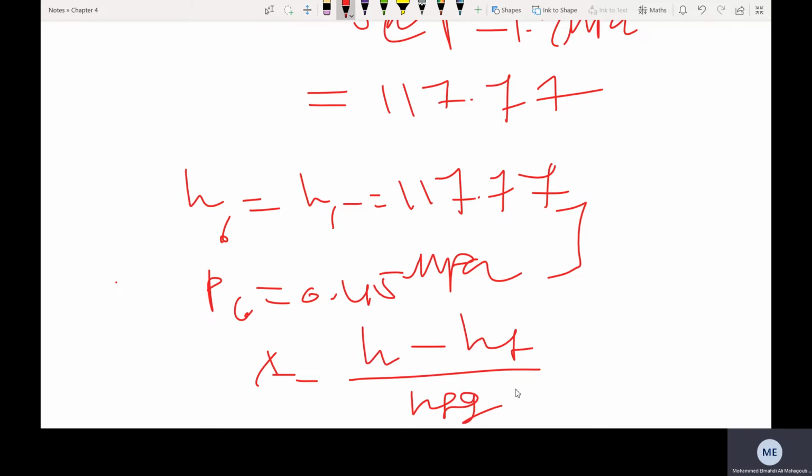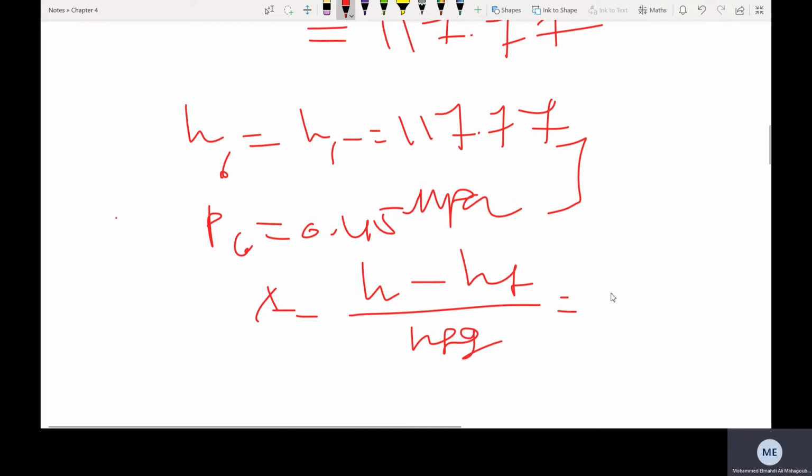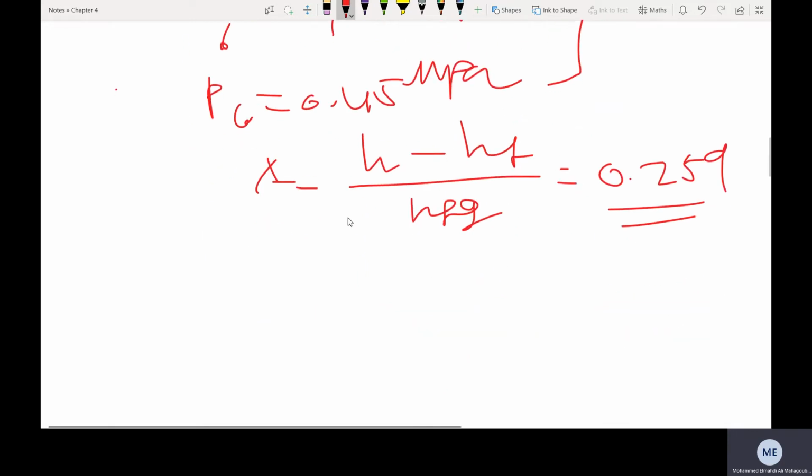So our H is 117.77 minus what is Hf at that? Did I mess up anything? No, I did everything correct. The Hf is 68.81 over Hfg, which is 188.71. I get my X, which is equal to 0.259. This is my X6.